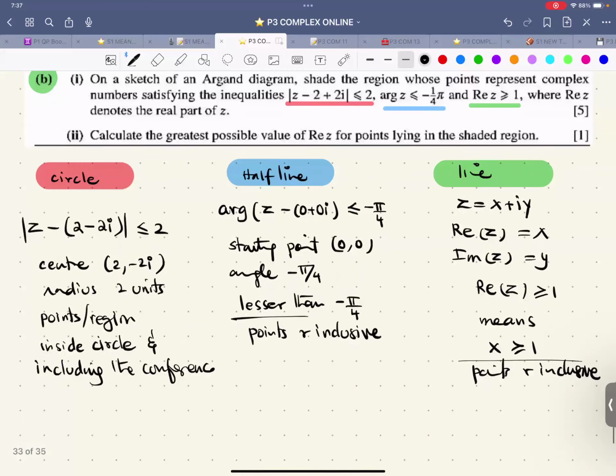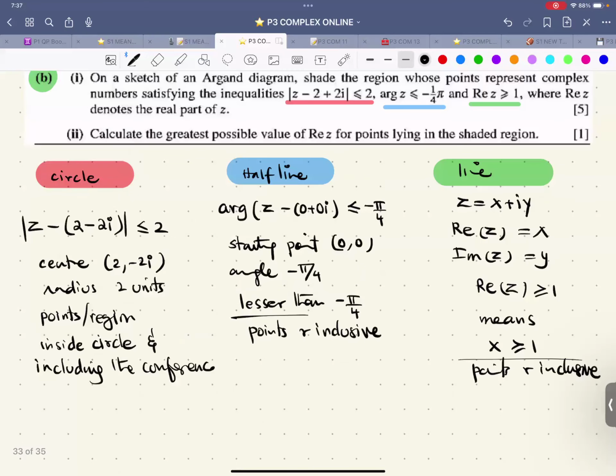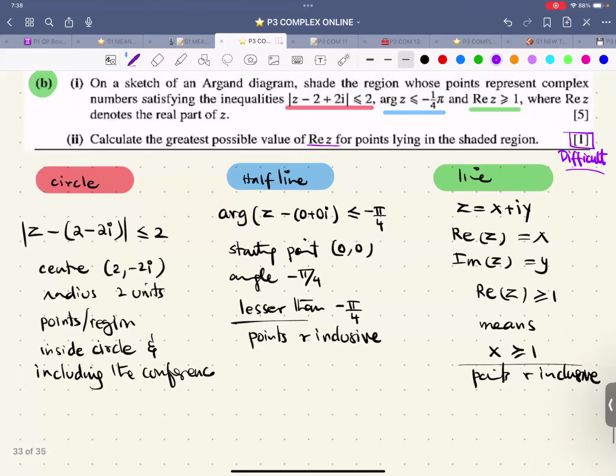So now let's draw this for 5 marks. And then for 1 mark, it's asking for the real part of z. It's unfair to ask only for 1 mark because this is the difficult part. So this difficult part is only worth 1 mark because the examiners don't want you to lose that many marks.